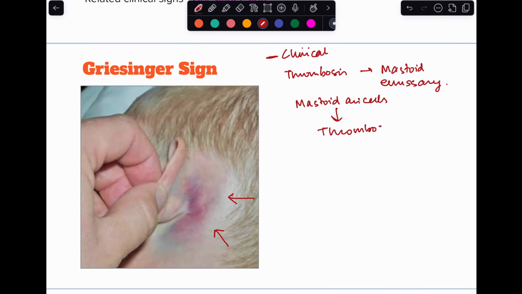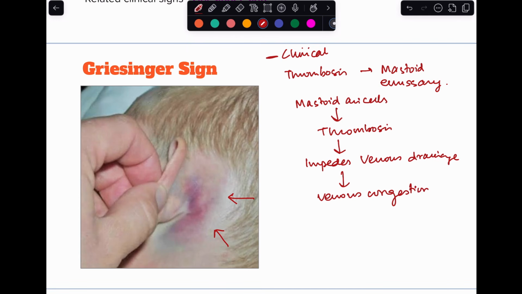And because there is thrombosis in the mastoid emissary vein, it has impeded the venous drainage. Because the venous drainage has been obstructed, this leads to venous congestion and edema to develop over the mastoid. And that gives rise to this particular sign, which is the Griesinger sign.